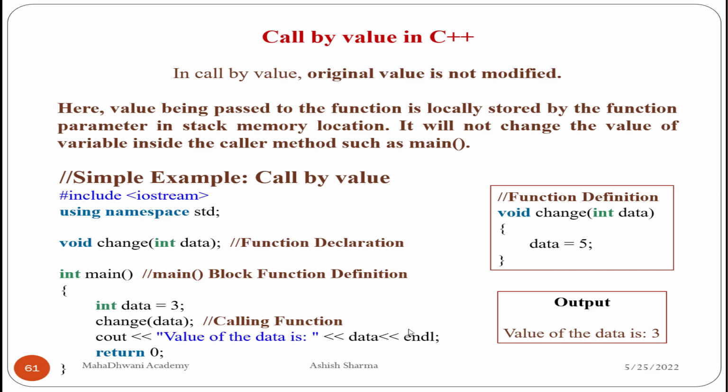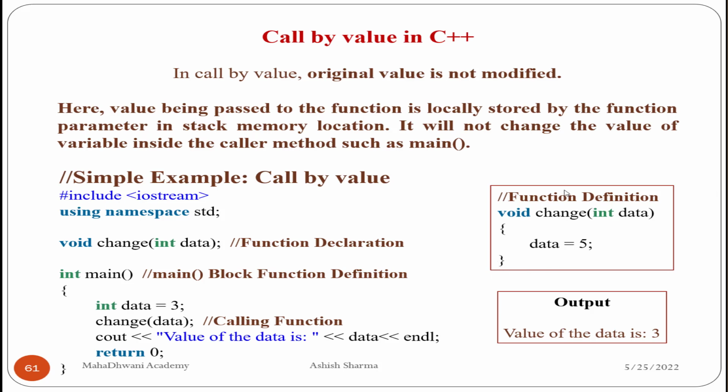What is the meaning of this? The meaning is the value is changed. It is not that the value is not changed. The value is changed, but this value only changes inside the change function definition. This value's scope is finished whenever the execution of the change function is finished.